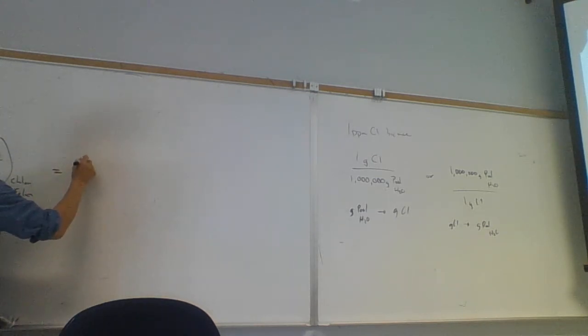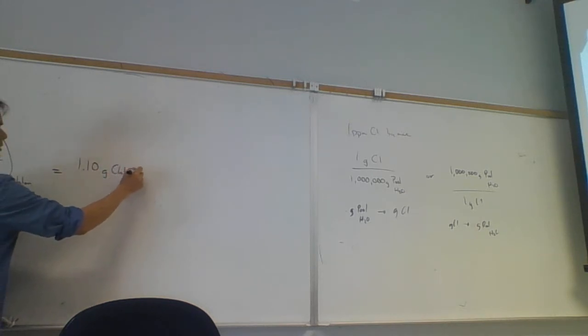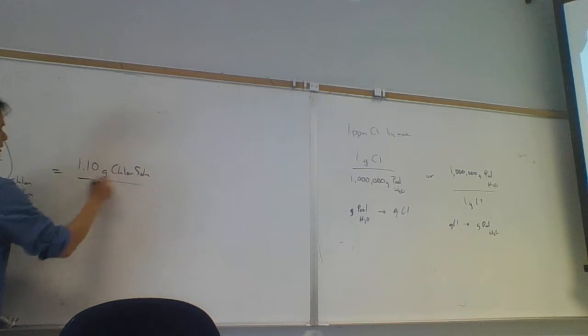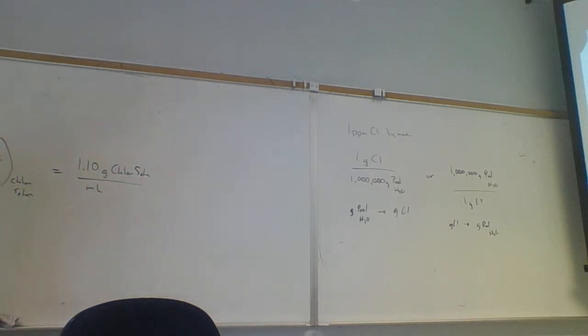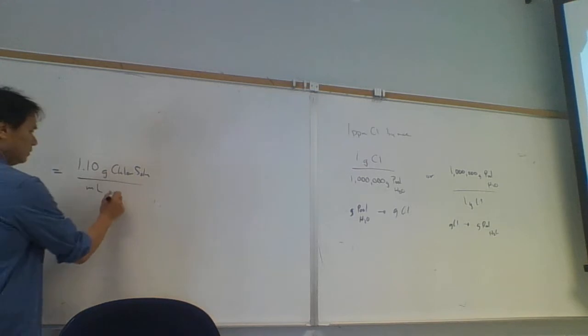Or we'd write it like this: 1.10 grams of chlorinating solution for every milliliter of what? Not pool water, for every milliliter of chlorinating solution.